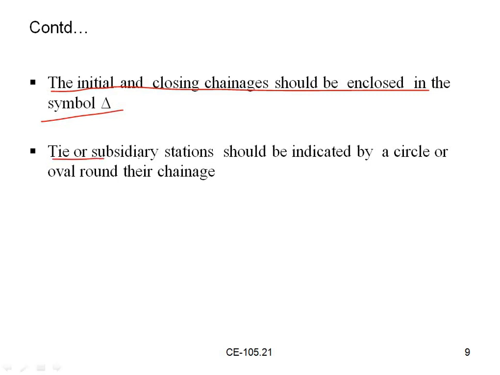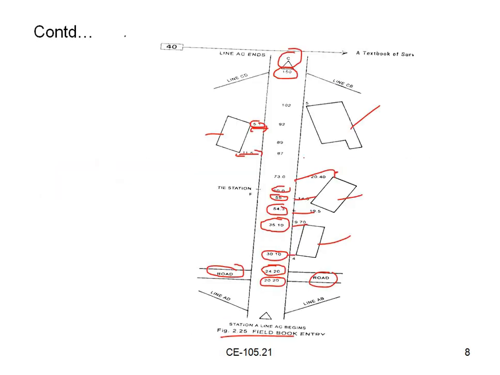The tie or subsidiary stations should be indicated by a circle or oval round their chainage. So the tie stations or subsidiary stations which are there, we should indicate by a circle or oval round their chainage. We can see here in the diagram the round marks which were kept.